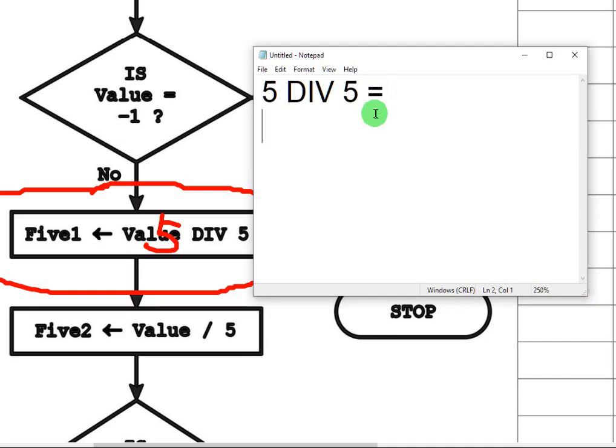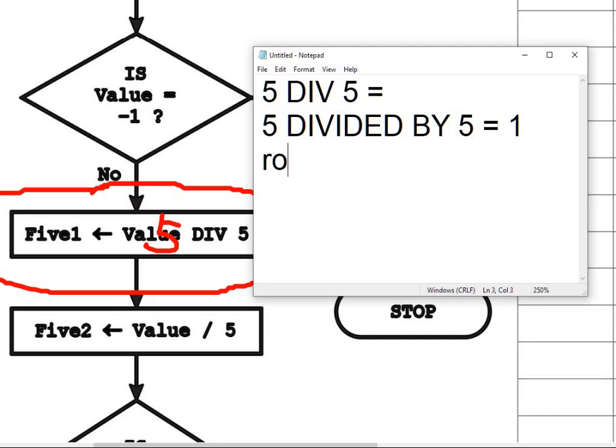It's the same as 5 divided by 5, so it's 1. Then round it down, and 1 rounded down becomes 1.